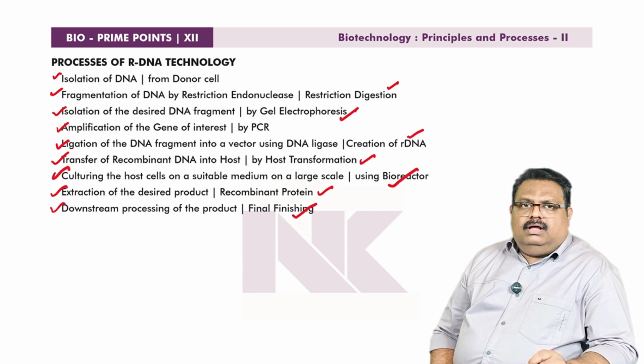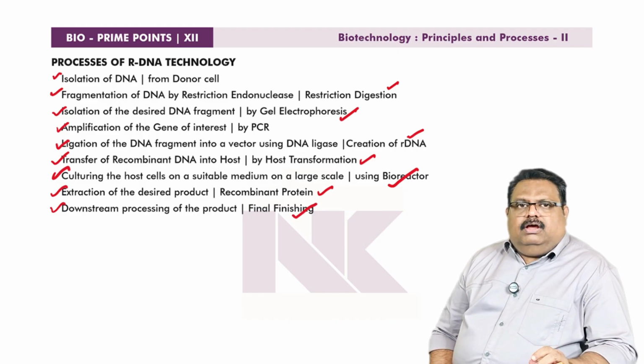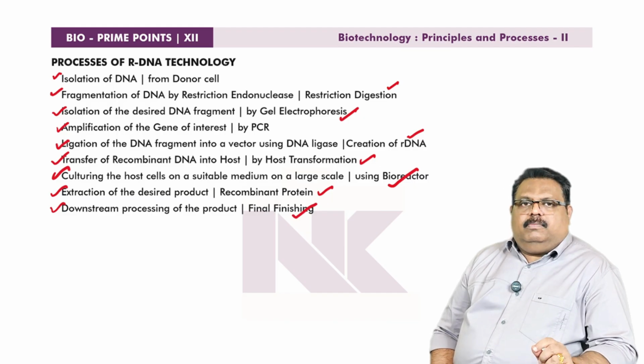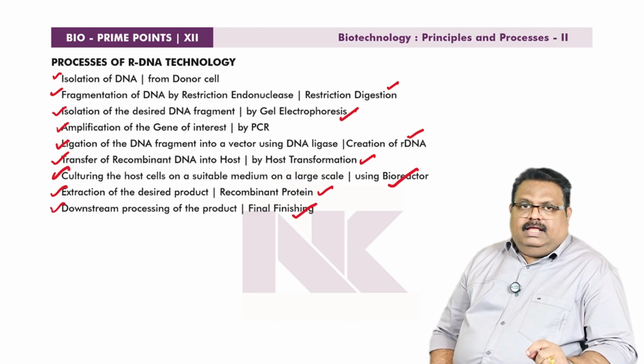The mechanism is called host transformation. Then the culturing of transformed host using a bioreactor for producing recombinant protein on a large scale. Then finally, the final finishing of the desired protein, the recombinant protein, by a mechanism called downstream processing. Okay, so these are the important protocol of biotechnology or recombinant DNA technology.